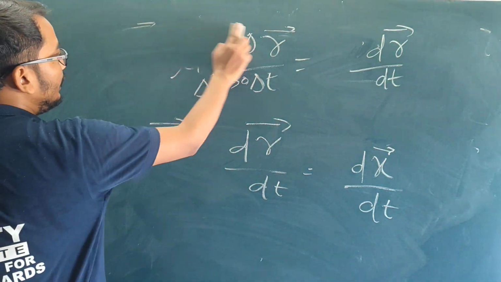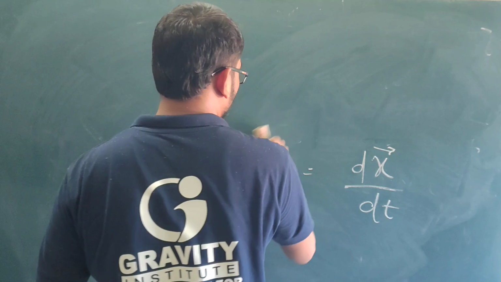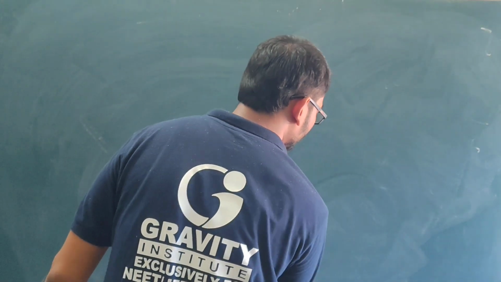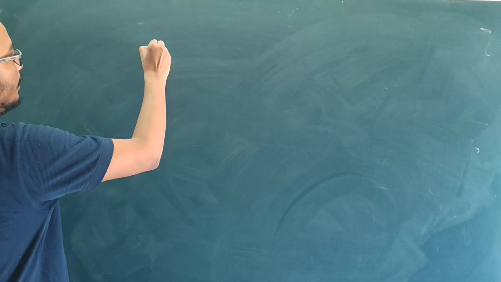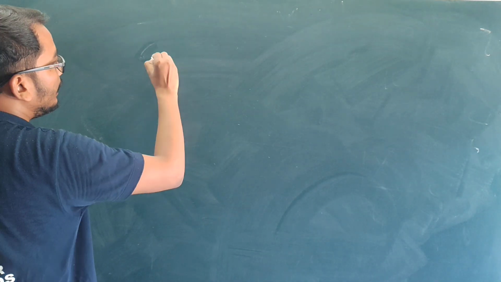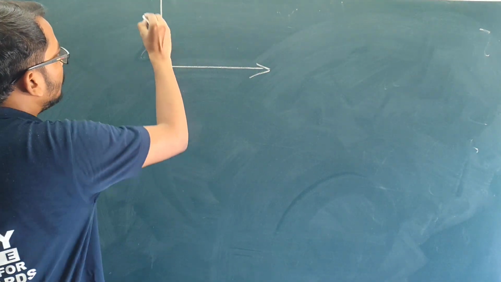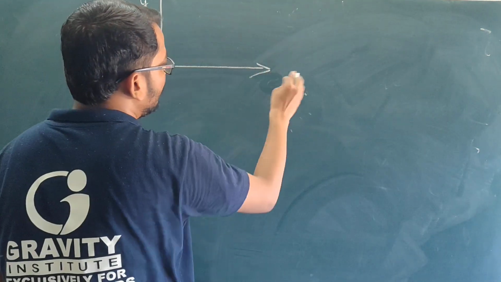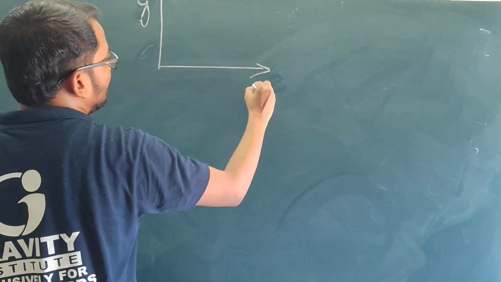So if I write here, if the particle is moving in x, suppose this is y and this is x.